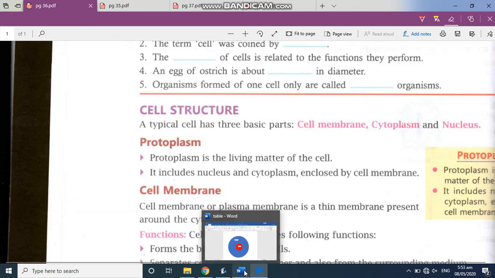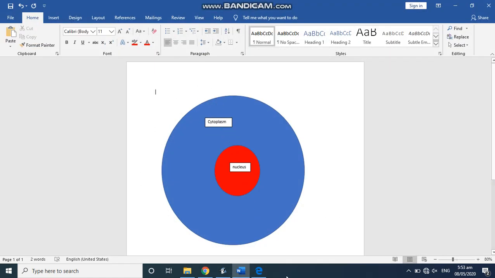So just to give an outline, if this is the complete cell, this entire portion, blue and red, is known as protoplasm. But when we talk about cytoplasm and nucleus, the blue part is known as the cytoplasm and the red part is known as nucleoplasm. So what is protoplasm made up of? Cytoplasm and nucleoplasm.